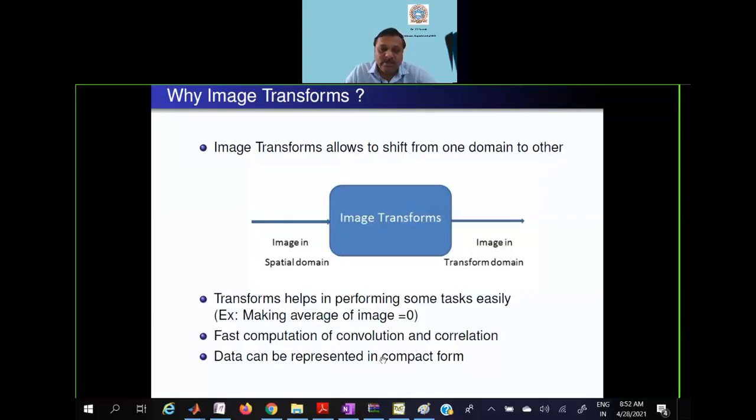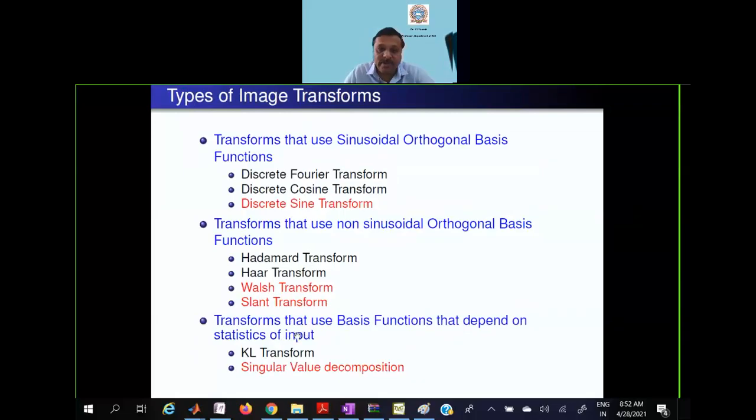Also, by doing this, fast computation of convolution and correlation is possible, because you have some fast algorithms that can perform these types of transforms. In fact, I have already justified why the Fourier transform is fast, because you can take the special structure of these matrices to increase the speed. The third one is that data can be represented in compact form. This also I think we have understood very well.